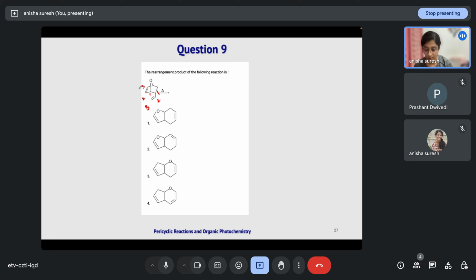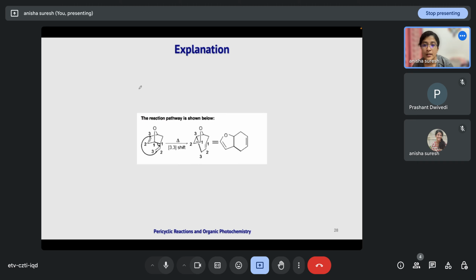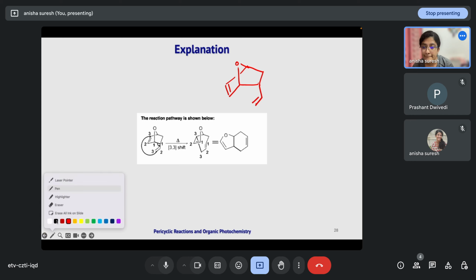Final product will be actually 1. We will see how it is forming. This is 3, 2, 1, 1, 2, 3. So a 3,3 sigmatropic rearrangement will take place.